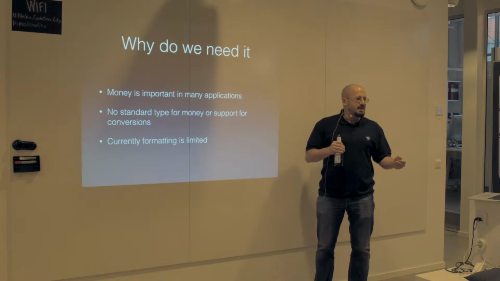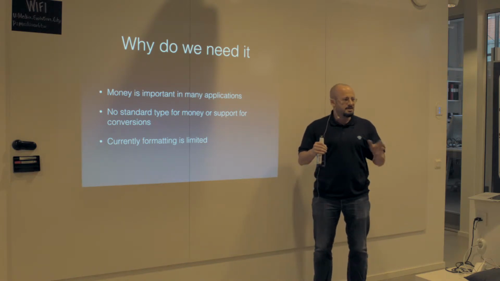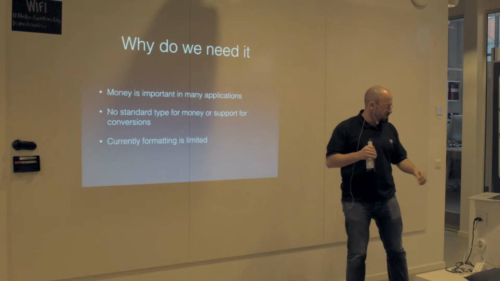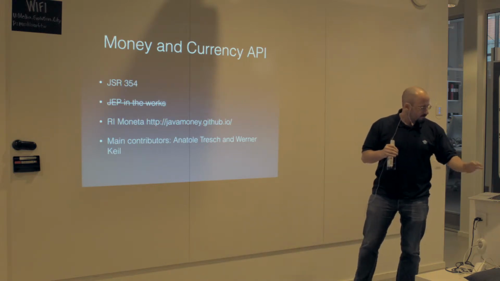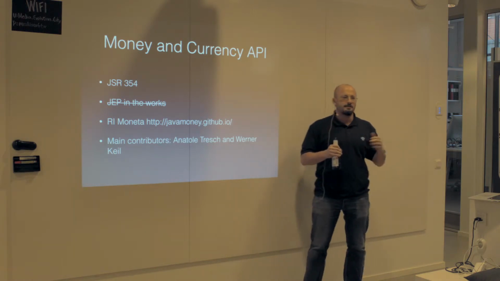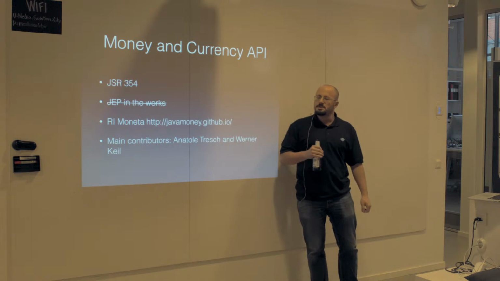Formatting is fairly limited. You could do a lot of things, but usually we want to do more. We want to have good formatting support. So that's why some people decided that we want to have a modern currency API.